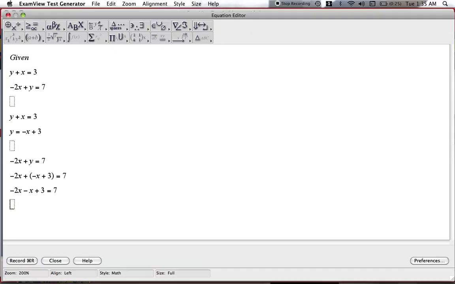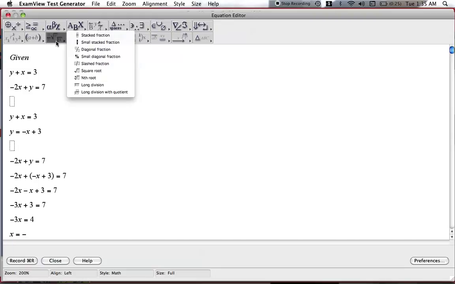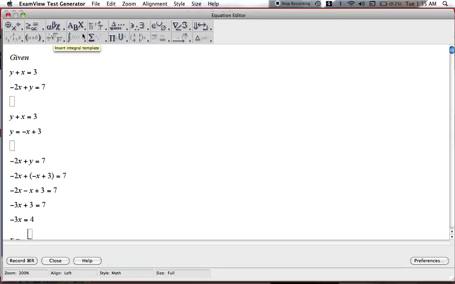Combine like terms on the left. Subtract both sides by 3. And divide by negative 3. Let's do a fancy fraction.